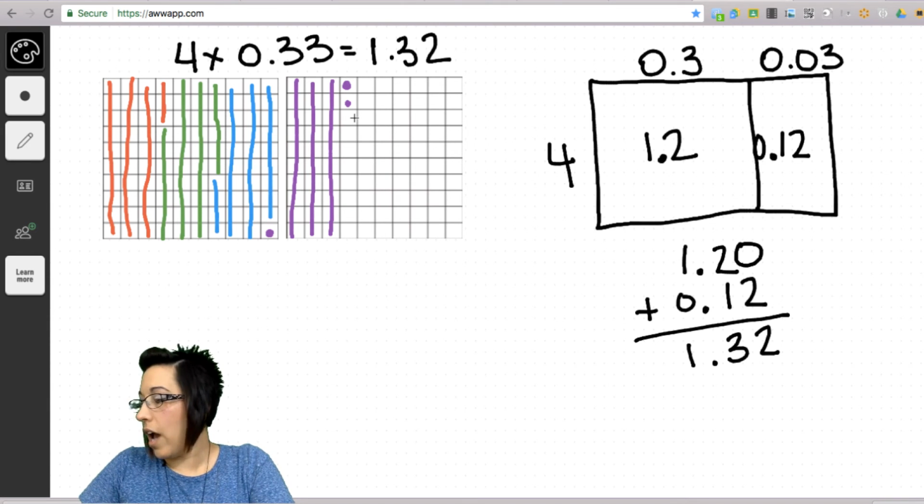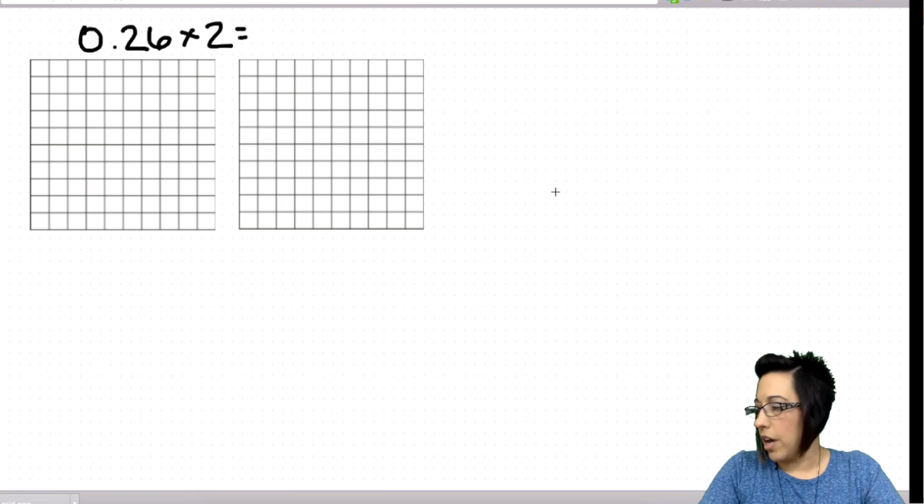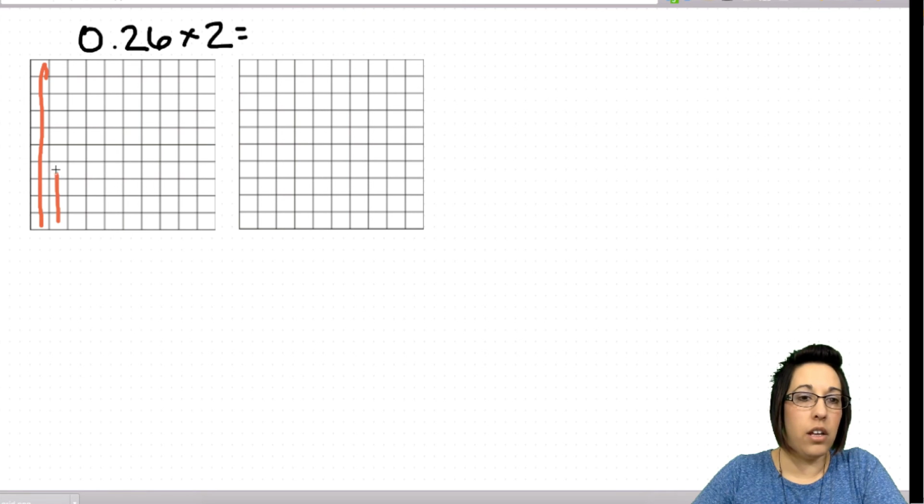Okay, we have one more problem to practice on this page. For this last practice problem with the teacher, we have 26/100ths times 2. We start with our hundredths charts. 10, 20, 1, 2, 3, 4, 5, 6. There's one group. 1, 2, 3, 4, 5, 6.